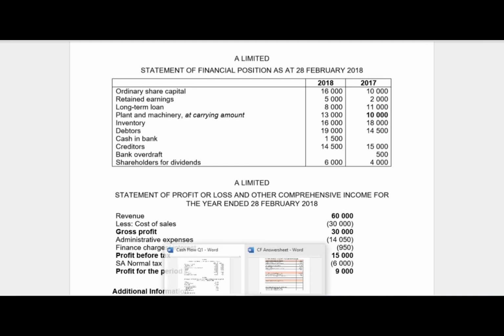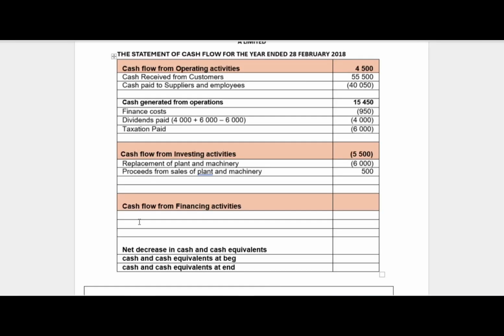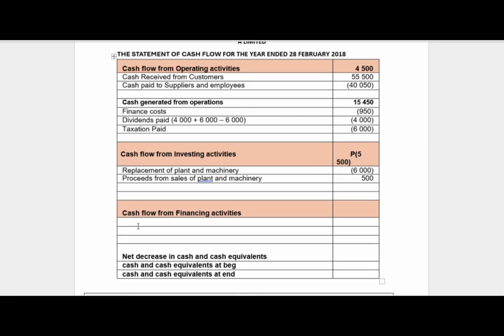So the difference, we can just go in our cash flow and say proceeds from issue of shares, or proceeds from issue of ordinary shares.